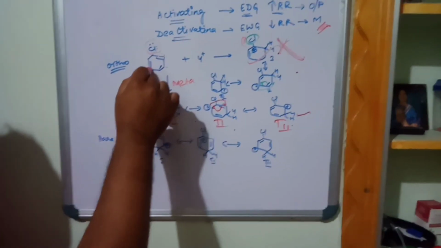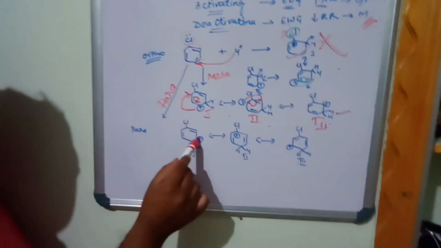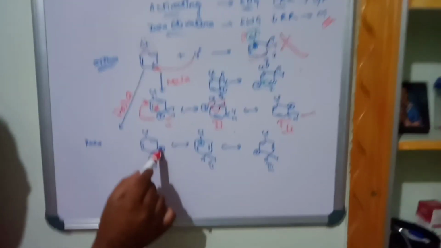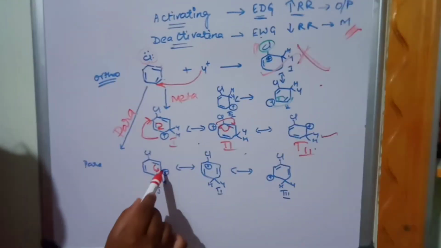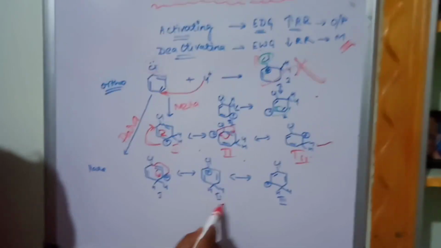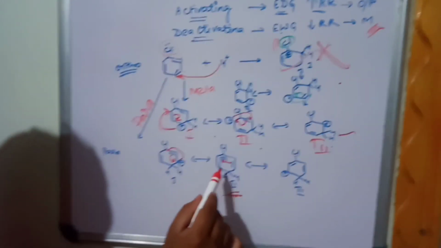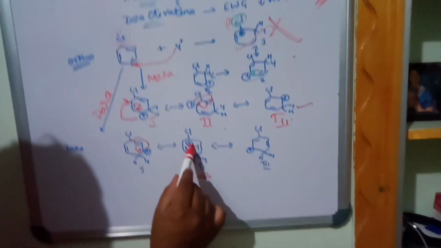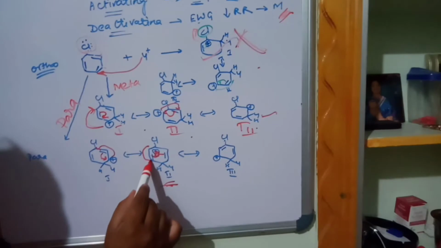Now when the electrophile attacks the para position, what happens? The next carbon takes the positive charge. Here it will take the positive charge. The pi bond will move here, and the positive charge will move. You get the second hybrid structure. Same way, another one, the pi electrons move towards the charge, and the charge will come here.